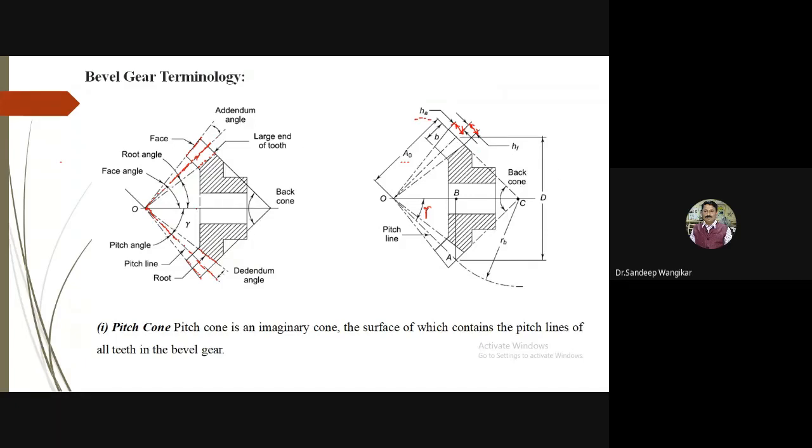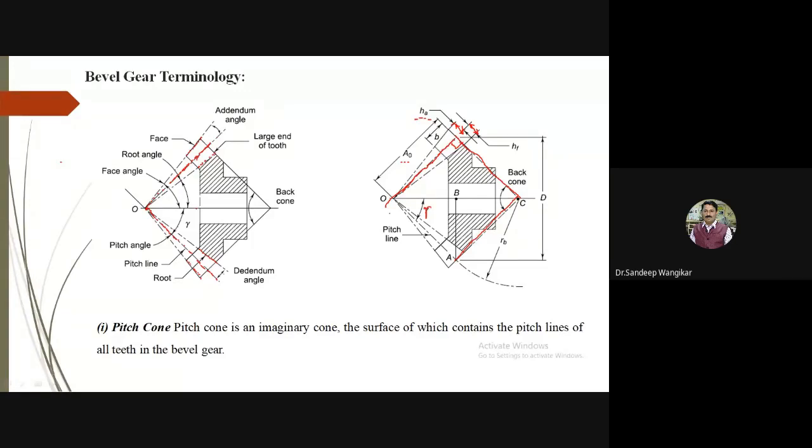So here you can see this is the back cone. Just for your understanding, I am highlighting this is the back cone, and this is your pitch cone, and this is the right angle.